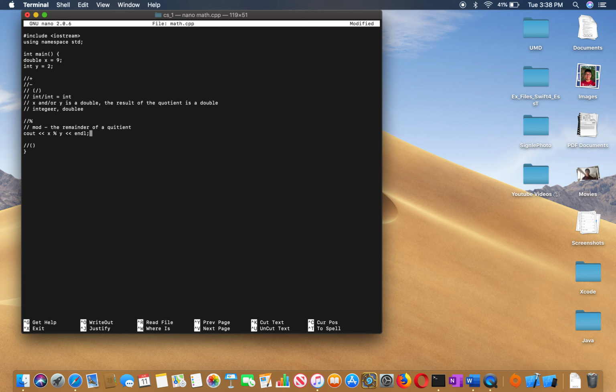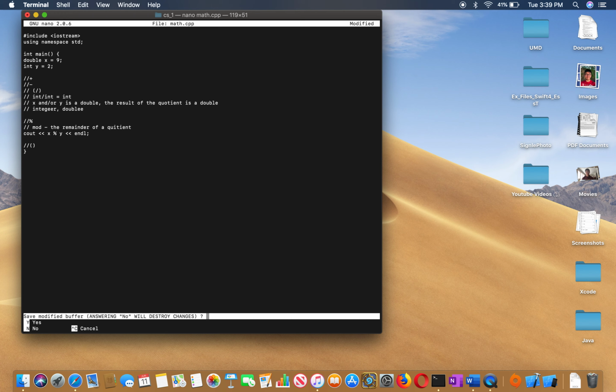So if we were to cout the remainder of a quotient of some type, what would the output be? Pause and think about it. Be aware that x equals 9 and y equals 2. Let's check.